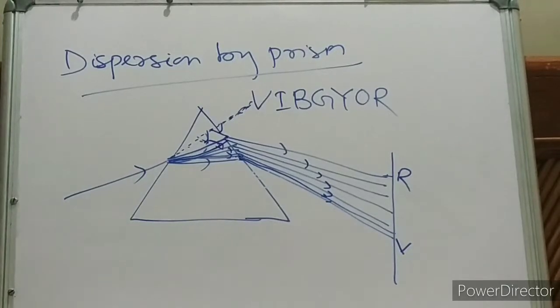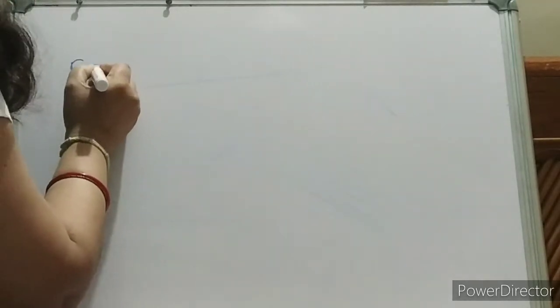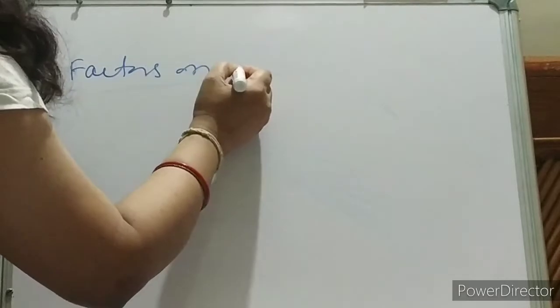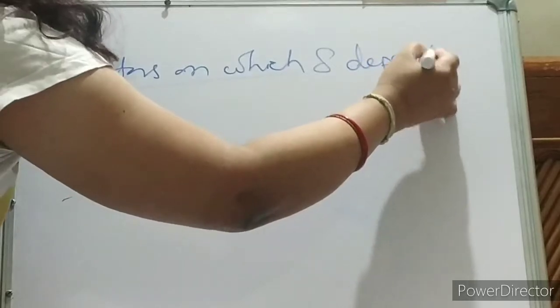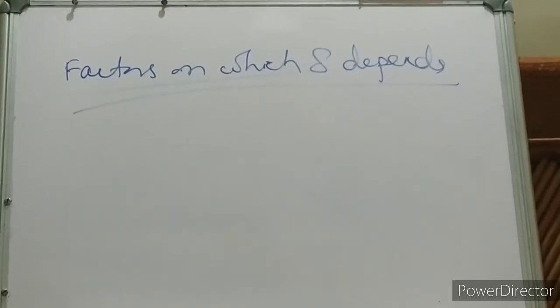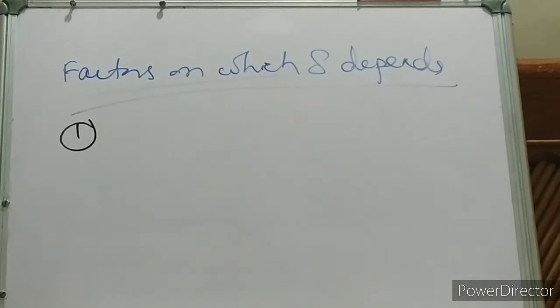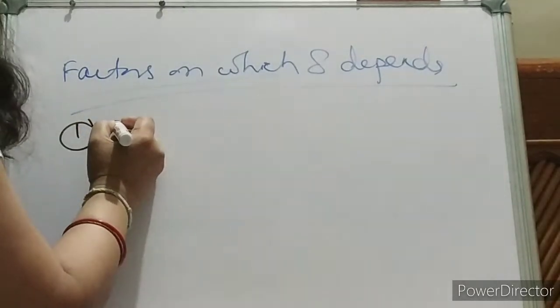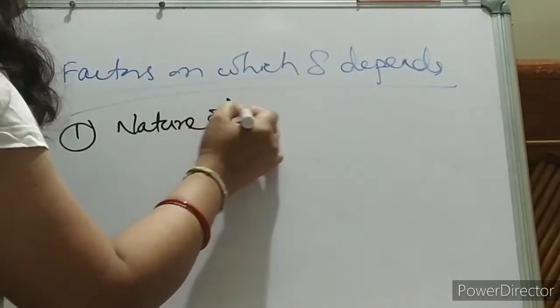Now, we will discuss the factors on which this deviation depends. First, this deviation delta will depend on the refractive index, that means the nature of the material of the prism.